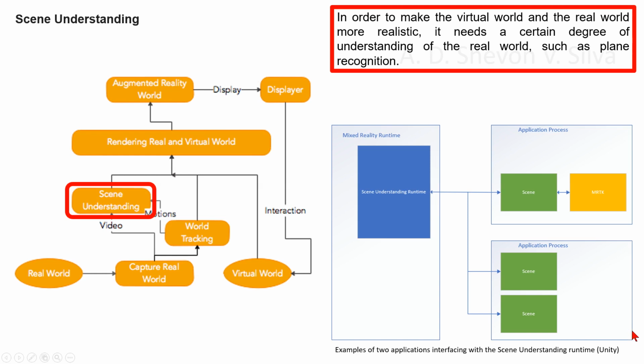Runtime. On the left hand side is the diagram of the mixed reality runtime, which is always on and running in its own process. This runtime is responsible for performing device tracking, spatial mapping, and other operations that scene understanding uses to understand and reason about the world around you.